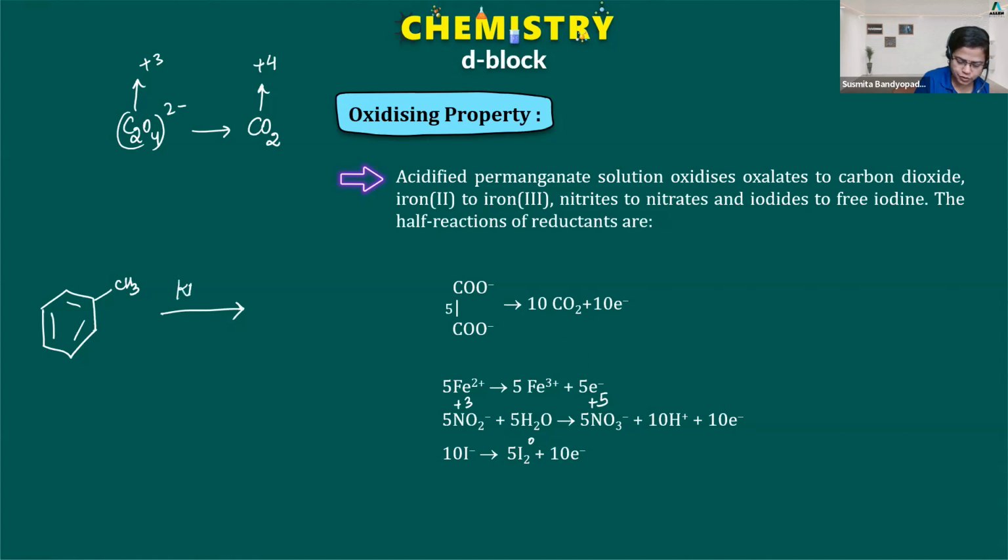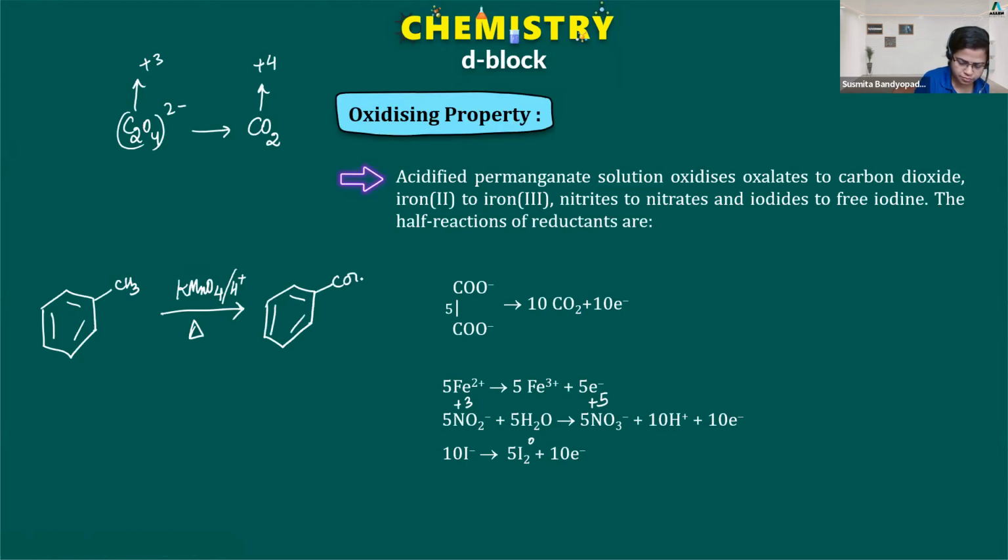I have KMnO4. What will happen? No, no, it's not cold dilute. This will convert it. Here it will act as a strong oxidizing agent. Use whichever reagent you want.